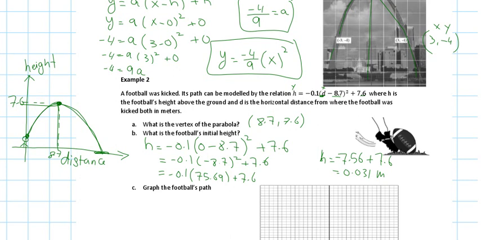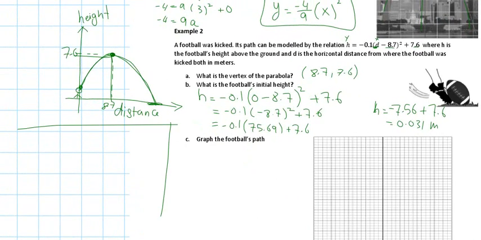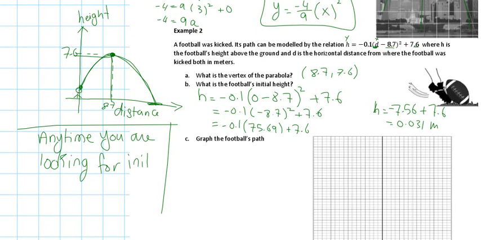So here's a side note for you that is always going to happen. So anytime you're looking for the initial value, which is y, you're going to plug in 0 for whatever represents the x, okay?